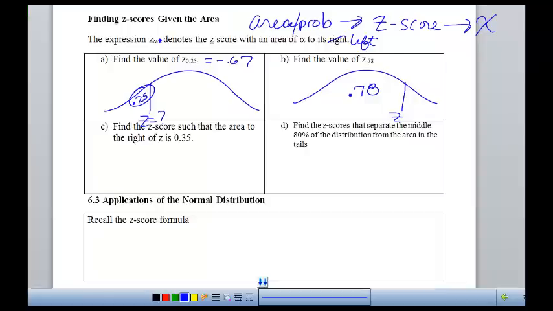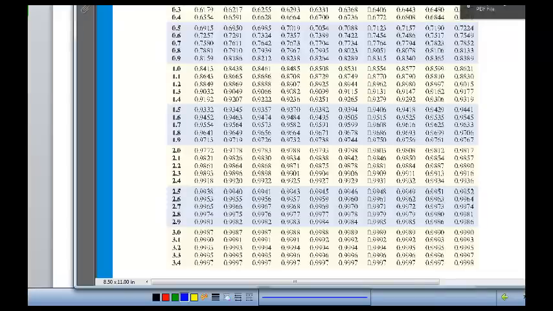We'll take that. All right, 0.77. Questions about that? Just choose the one that's closer to the value that I'm looking for.